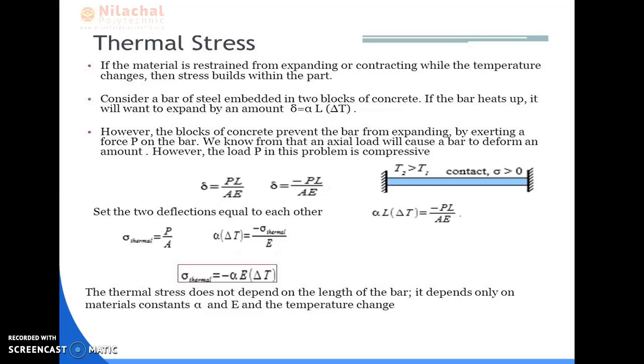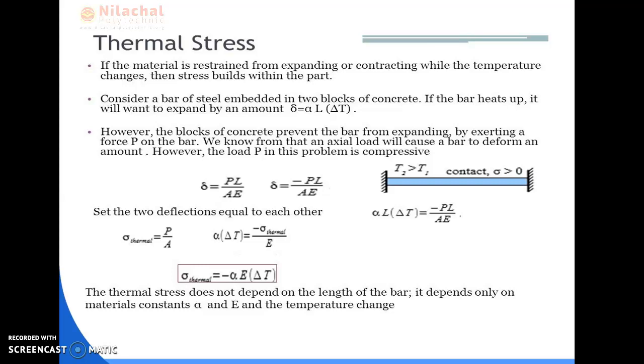Now the definition of thermal stress or temperature stress is as follows. If the material is heated or cooled, its free expansion or contraction takes place, and if it is not fixed, there is no stress involved.